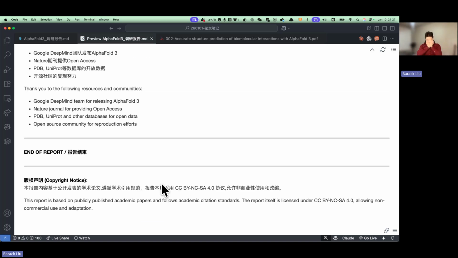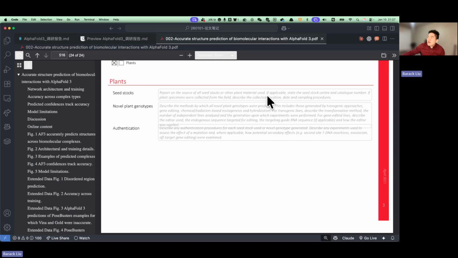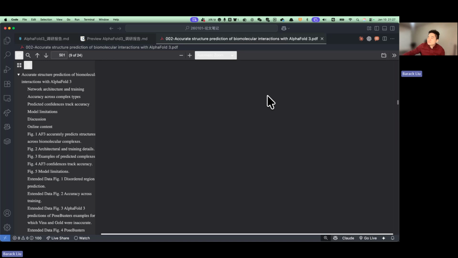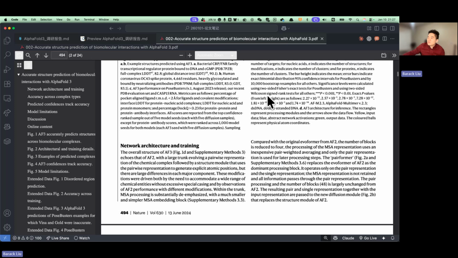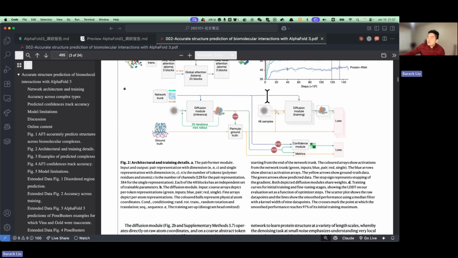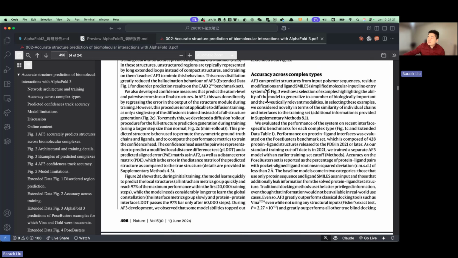Yeah, well, I guess this report is easier to read than the original paper. But still, maybe because I lack a biology background, it's still a little bit hard for me to really understand the whole paper.